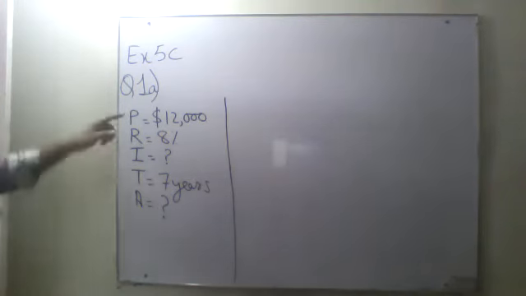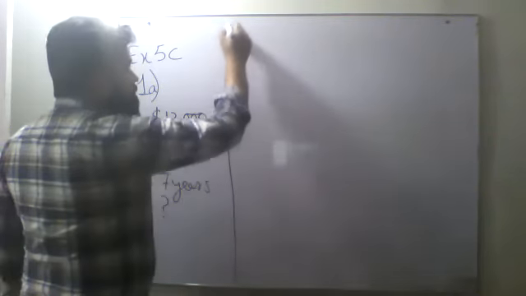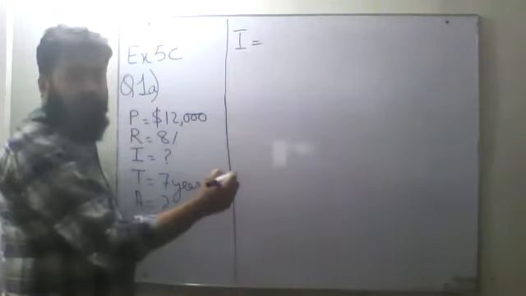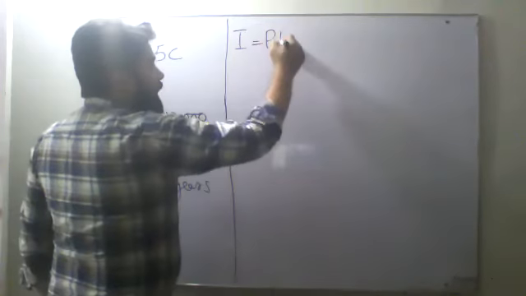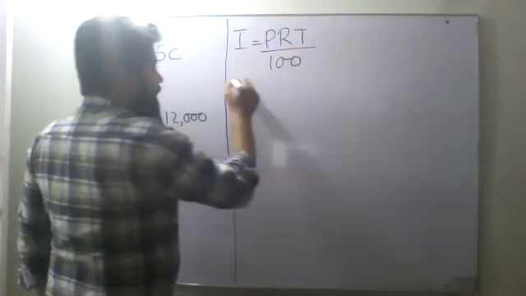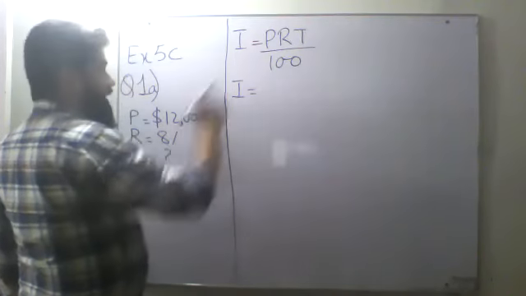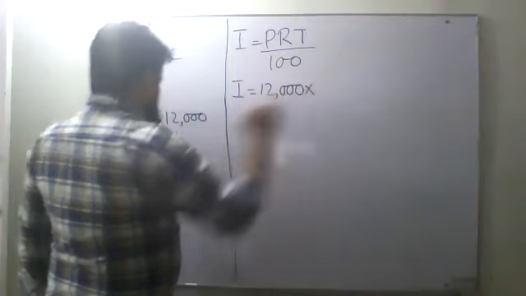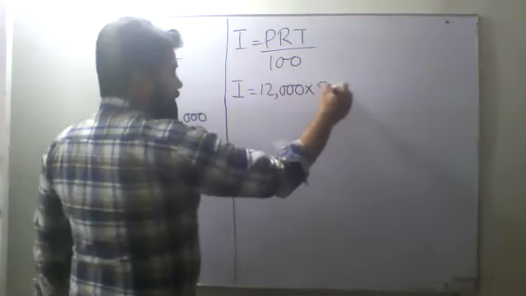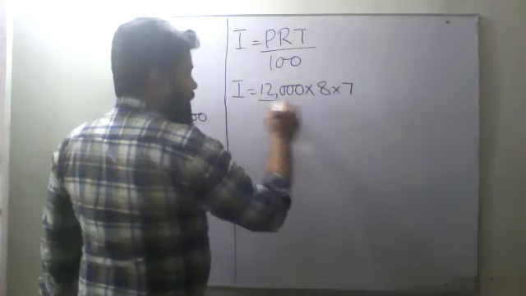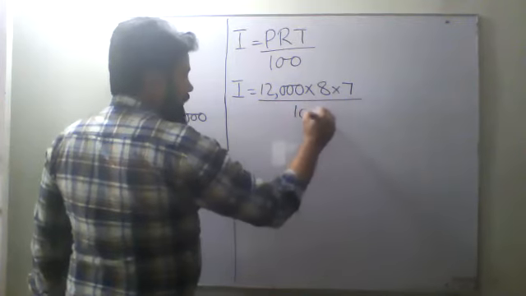First of all, I am going for I equals to PRT over 100. What is P given? $12,000. What is R given? 8. What is T given? 7 over 100.